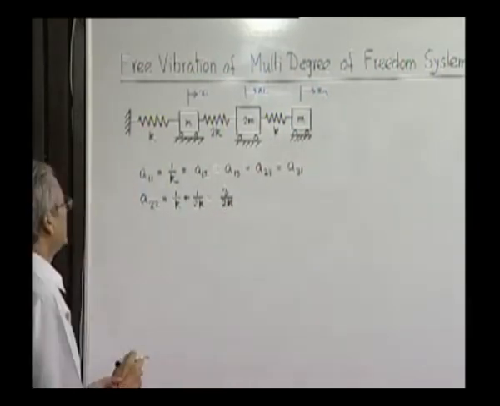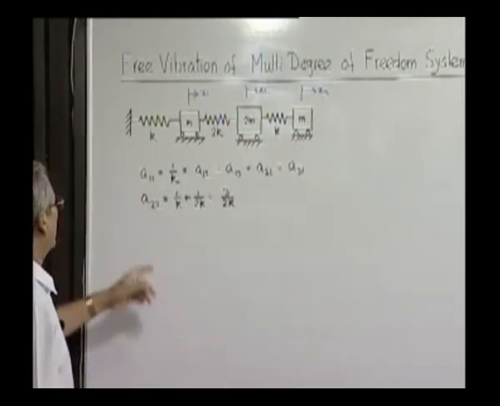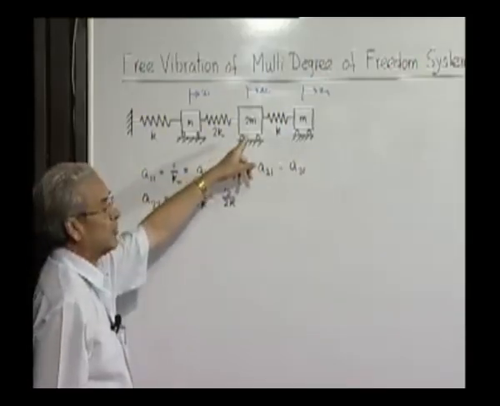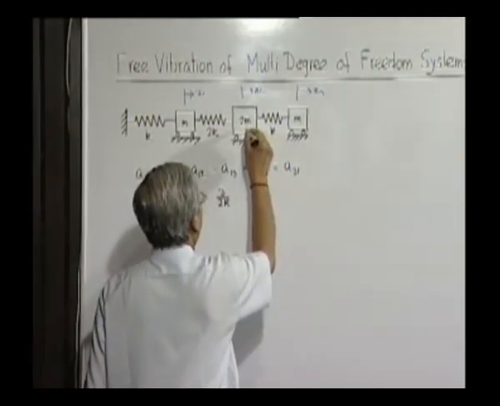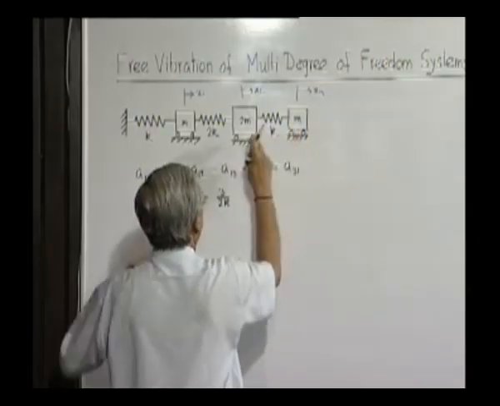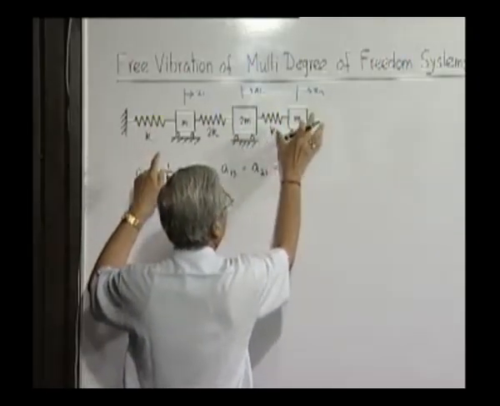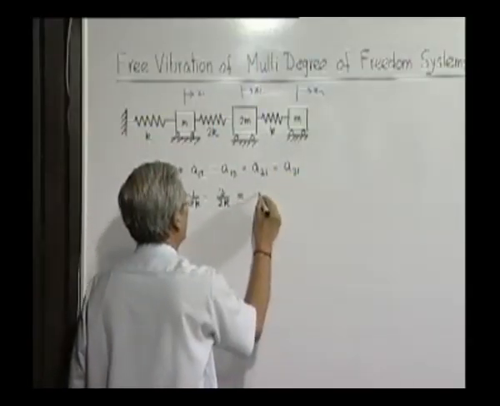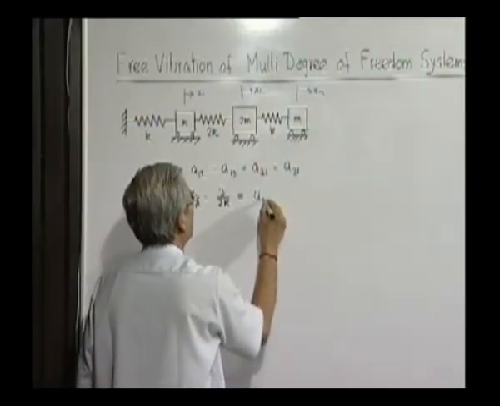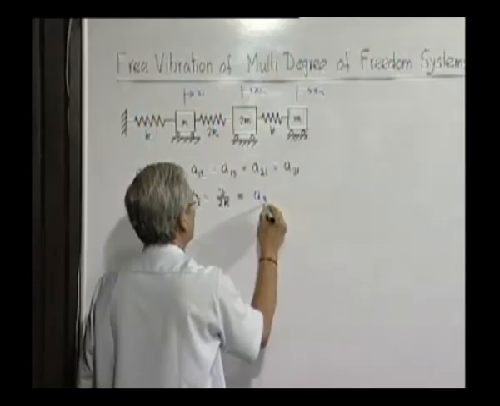That is the influence coefficient A22. And obviously, if you apply a unit load here, the displacement of this will be the same as the displacement of this, because this moves just like a rigid body. This spring is not stretched. So, this is obviously A23.